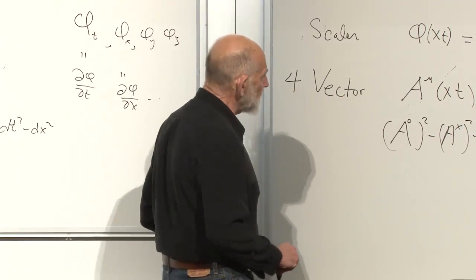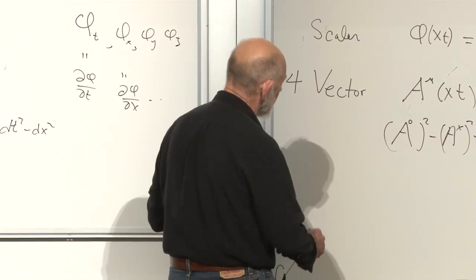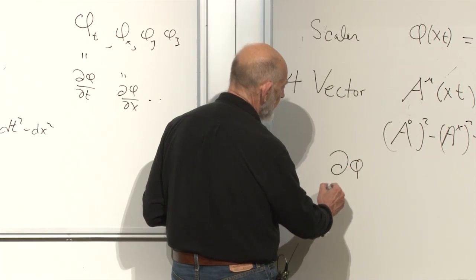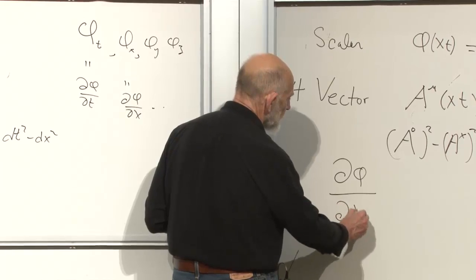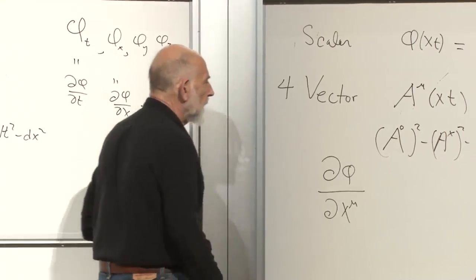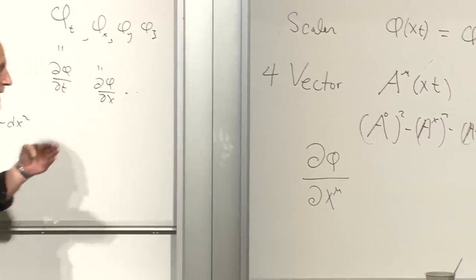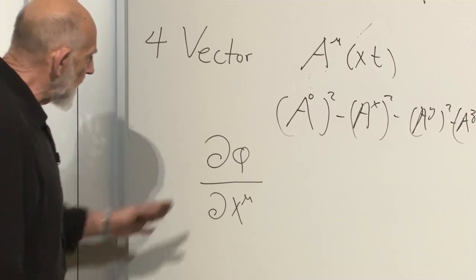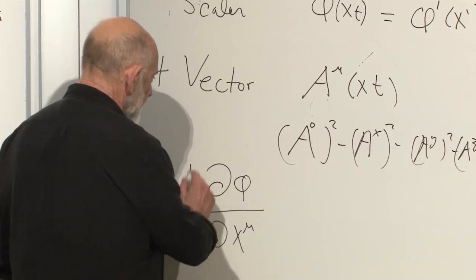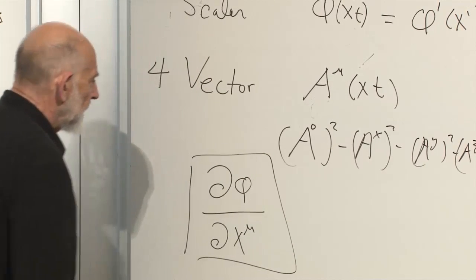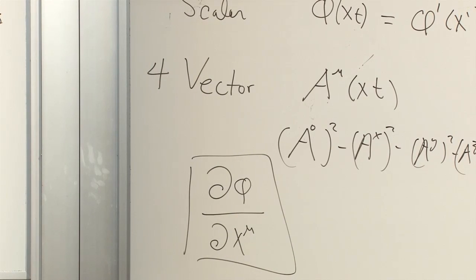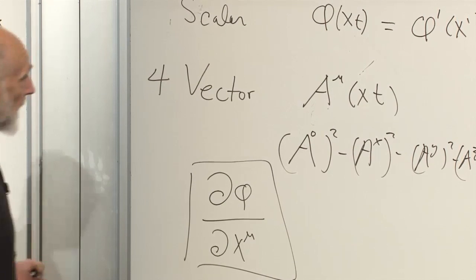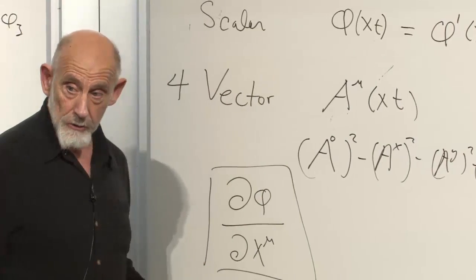All right, so a special case of a 4 vector, given a scalar, are the collection of components, the derivative of phi with respect to x mu. Derivative of phi with respect to t, derivative of phi with respect to x, derivative of phi with respect to y, and so forth. These form a 4 vector. Not surprisingly, these form a 4 vector. And so now we have a set of tools for creating Lagrangians.